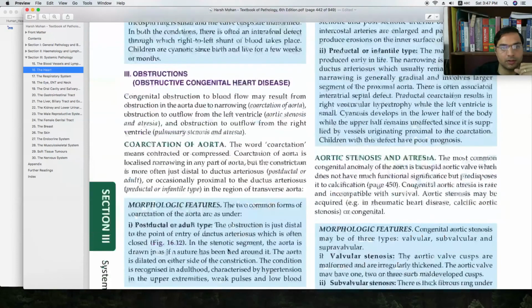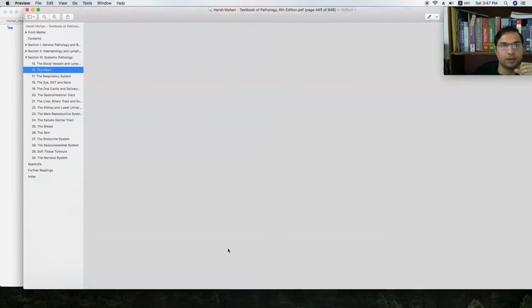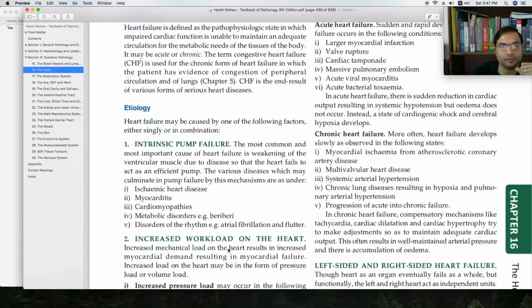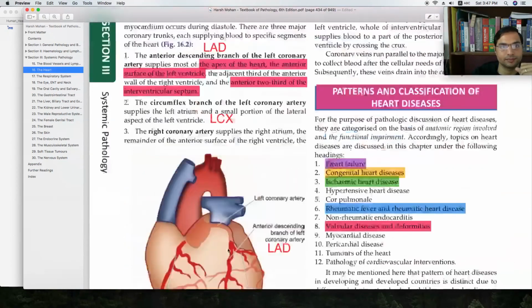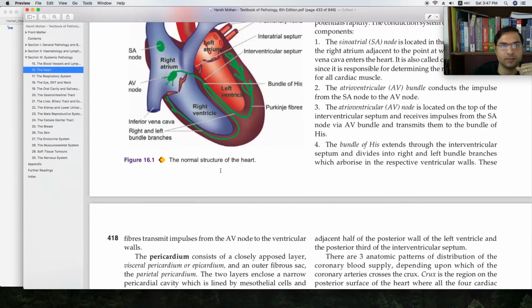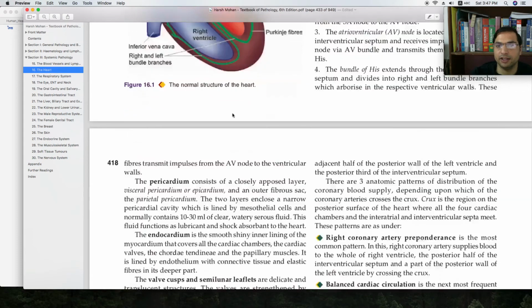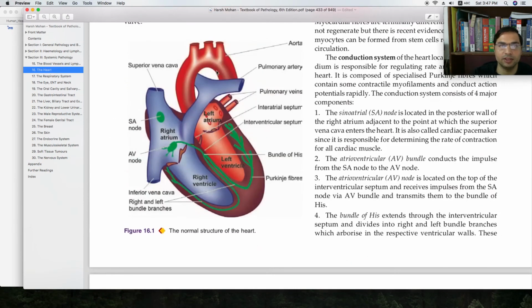Yeah, you can see it here. Right here. So this interventricular septum, 2/3 of it is supplied by the left anterior descending branch, right? Left anterior descending branch.